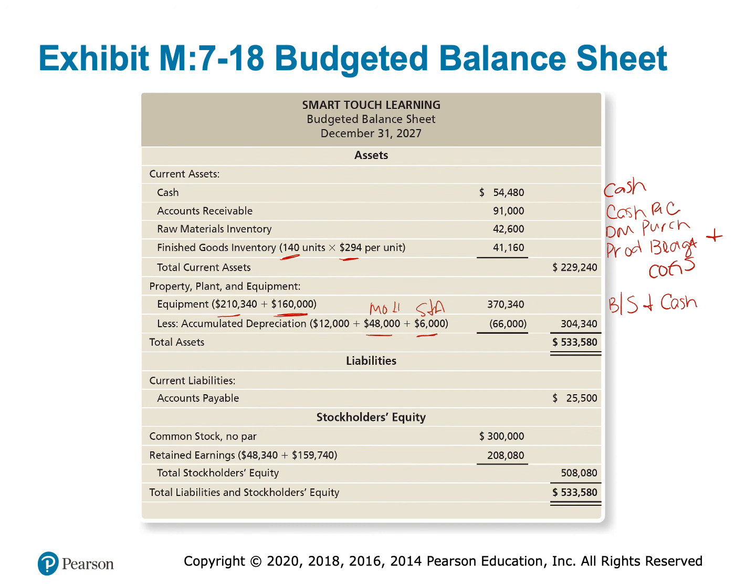So this gives us total assets of $533,580. If we look at our liabilities, our accounts payable came straight off the cash payments budget. Common stock didn't change from last year to this year, so that was straight off the old balance sheet. The retained earnings was last year's retained earnings plus net income that came off of the income statement. And so we get total stockholders' equity and then total liabilities and stockholders' equity.